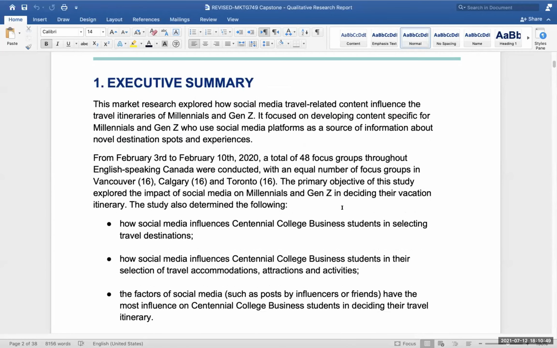So let's look at two different examples of market research, one that is quantitative in nature and one that is qualitative in nature. I think I showed you before, but let's look at it a little bit more in detail.